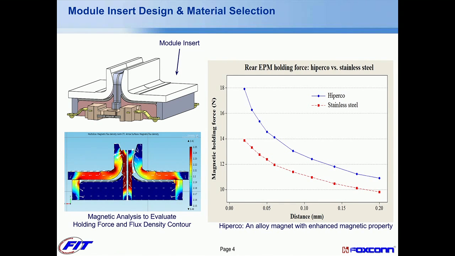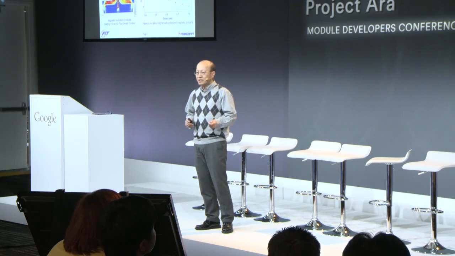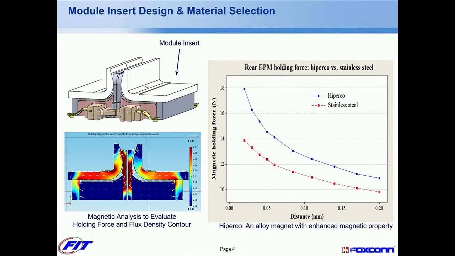The left-hand side shows the analysis model with the results of the magnetic flux density contour with direction. This case is 2 sets of the EPN with insert at the attached stage with different gaps. Also, this one will give us the holding force.